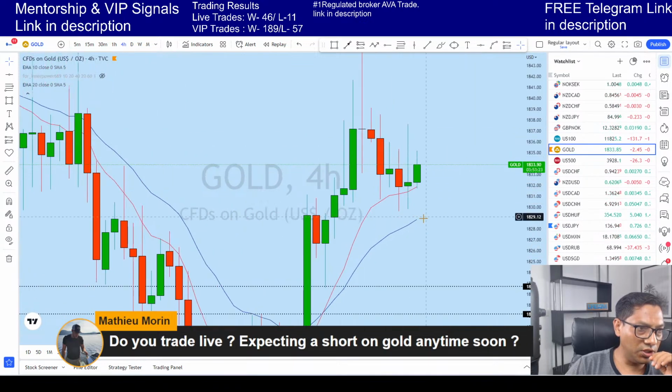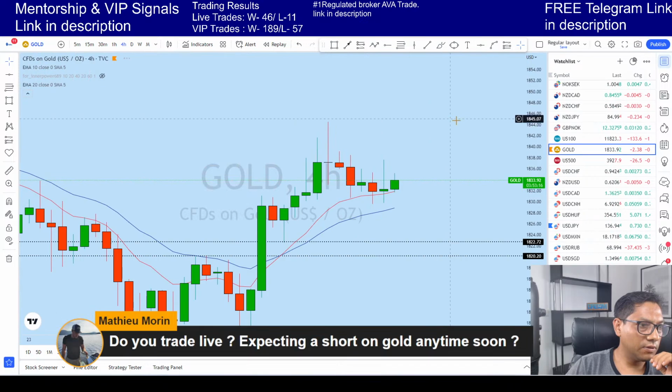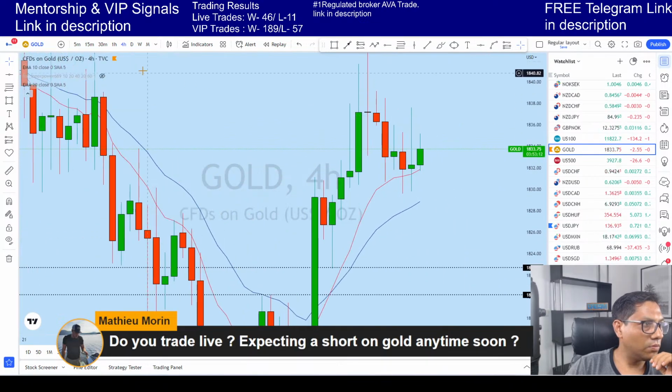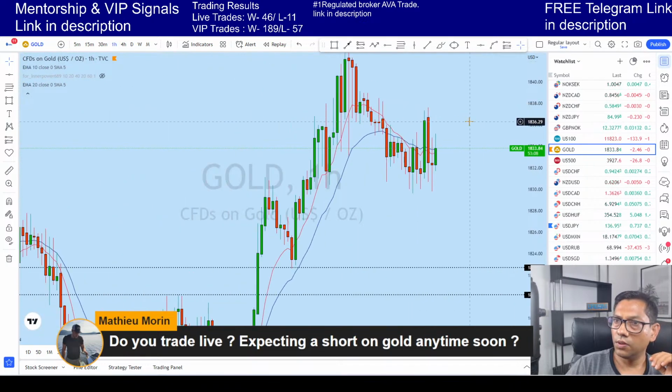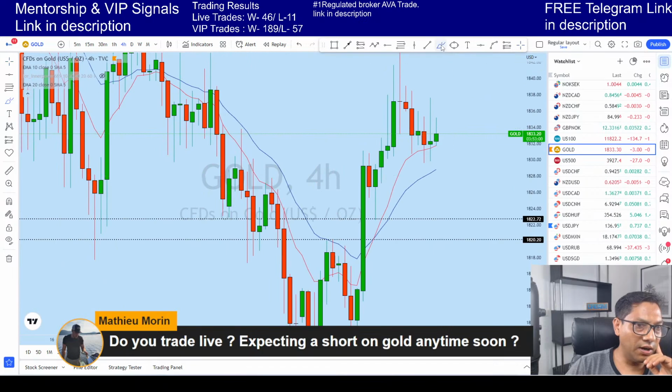We see that there's a doji. What I think, guys, is that gold might come down here, okay, grab liquidity, and then we might see gold going up.